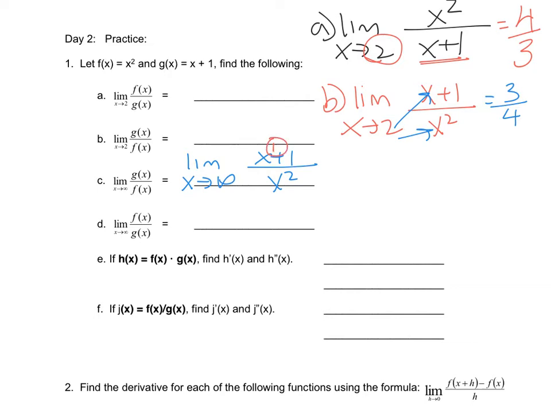So when the degree of the numerator is smaller than the degree of the denominator, our limit as x goes to infinity is 0. If we have it the other way, where the degree of the numerator is larger than the degree of the denominator, that limit does not exist.